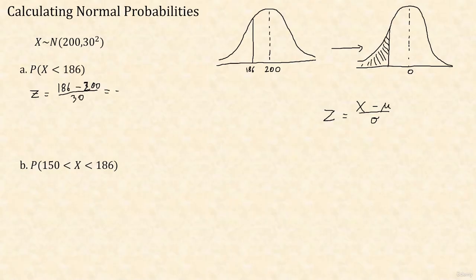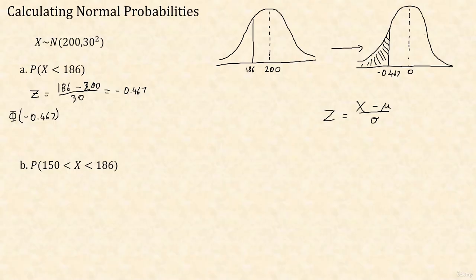And that is minus 0.467. So that's our point here, minus 0.467. So the thing that we are working out is phi of minus 0.467. Now, for these questions, I'm going to show you both using the tables and the calculator. In future questions, I will just use one method, but just so you get a sense of how they both work, I'll show you both here.